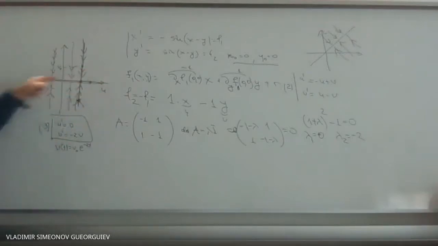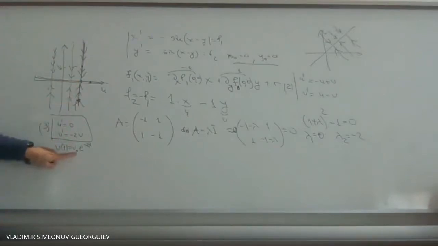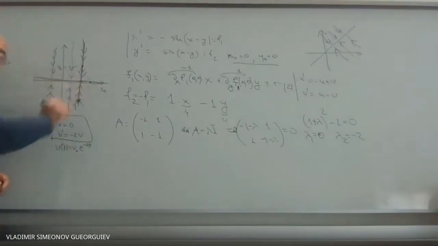Each point of this line is a trajectory. So if your initial data are here, your solution is not going outside because v0 here is 0 and remains always 0, while u is a constant. So if you start from this point, you stay all the time in this point.